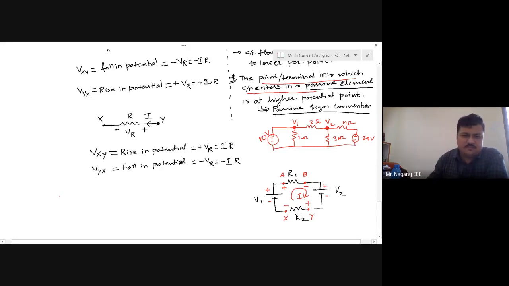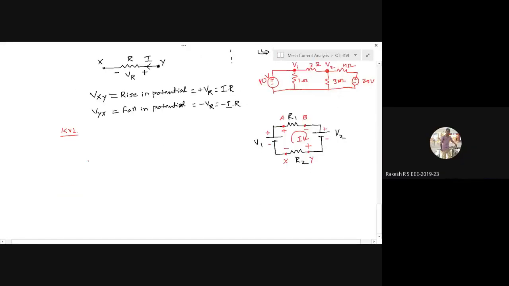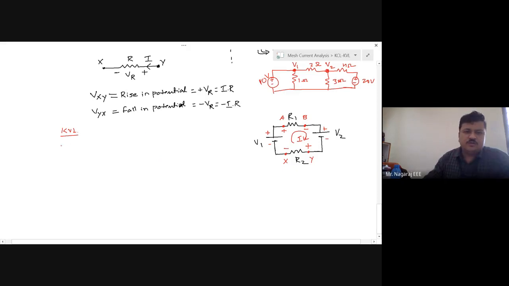So what is KVL? In any closed loop, the algebraic sum of all EMFs and voltage drops is equal to 0. I should take the algebraic sum of EMFs and voltage drops and equate it to 0.